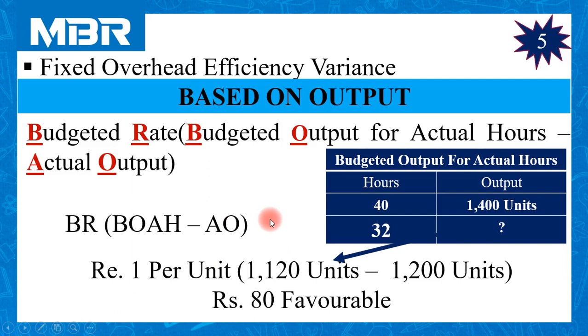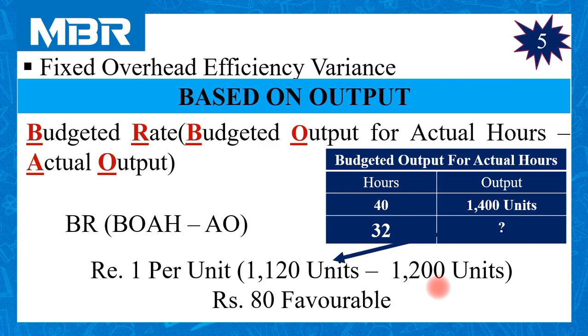Now enter the data in the formula. Budgeted rate ₹1 per unit. Budgeted output for actual hours 1120 units minus actual output as given in the question 1200 units. Now we are at the capacity to produce 1120 units at the most.